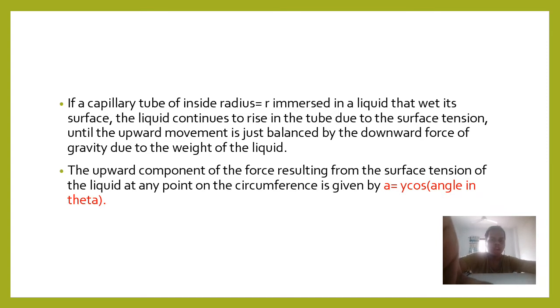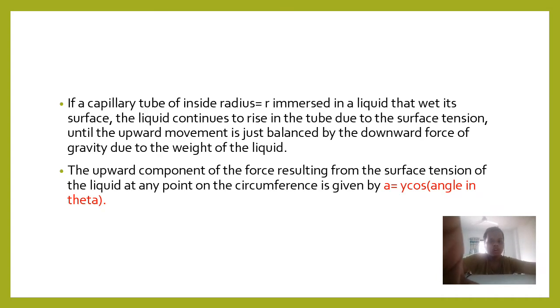Now if a capillary tube having the radius r is immersed in a liquid and it gets wet due to the presence of the liquid, then the liquid continues to rise in the tube due to the surface tension until the upward movement is just balanced by the downward force of gravity due to the weight of the liquid.